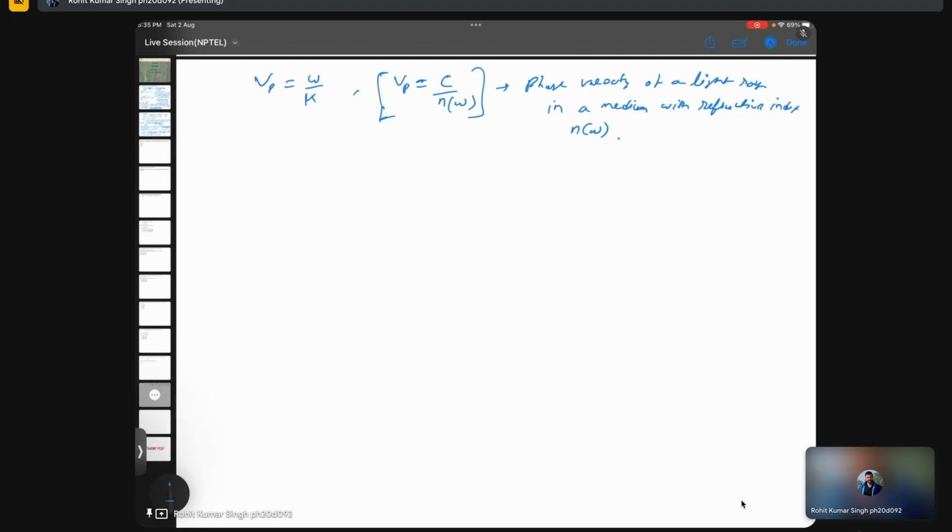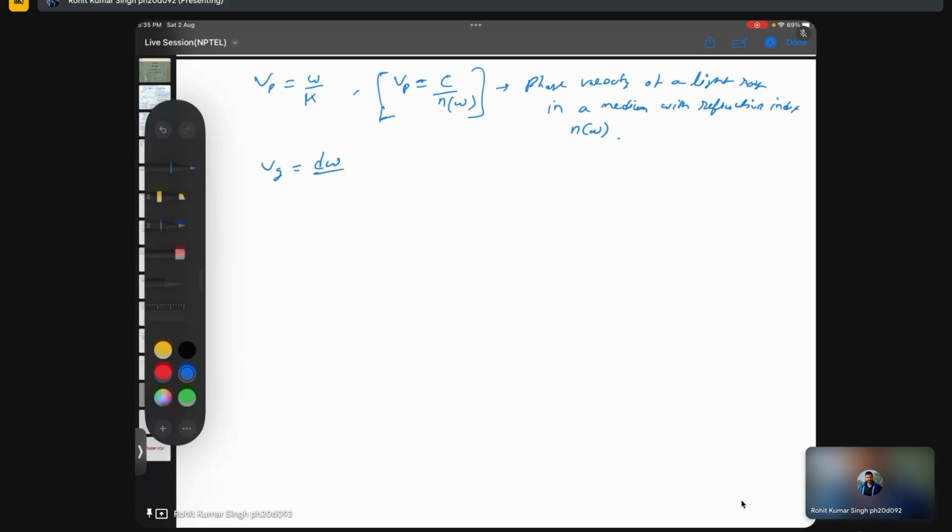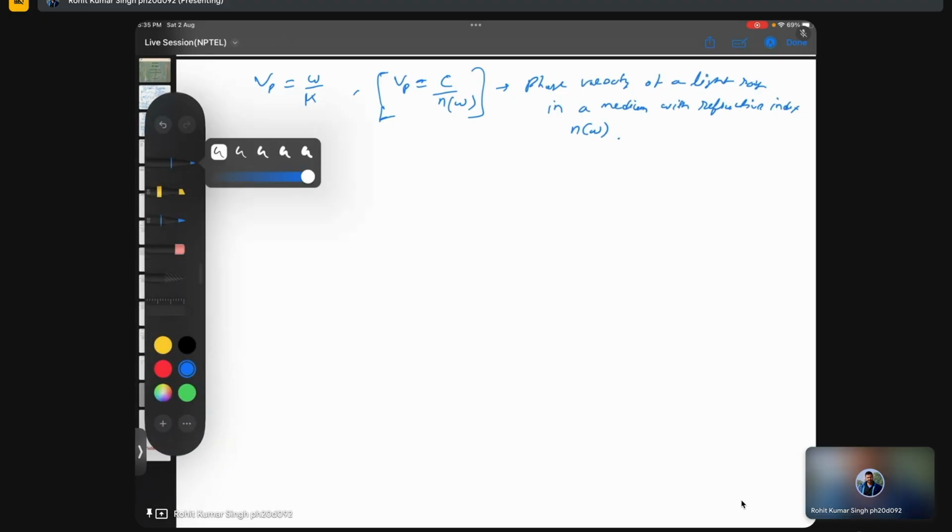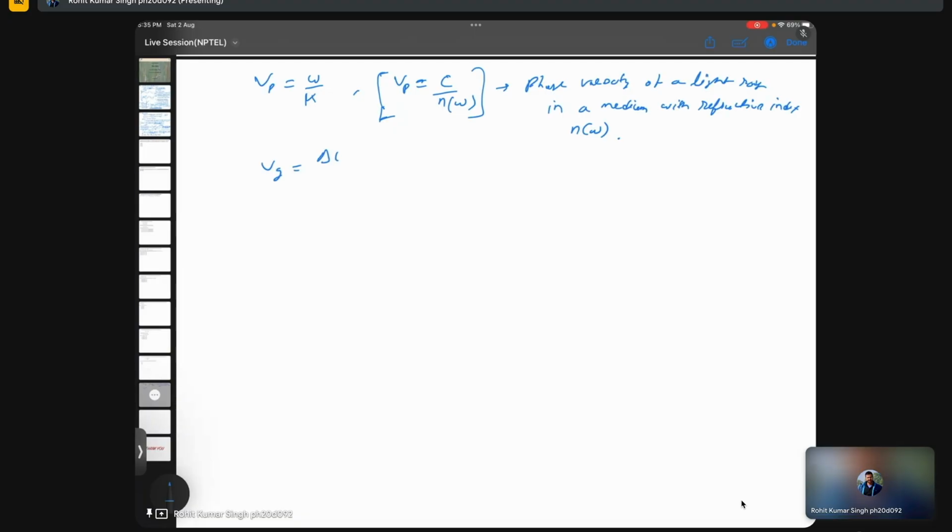Now, what about the group velocity? We just saw that when we had two waves separated by delta omega, we had this formula, but you can make it infinitesimally small and you will reach a differential form.